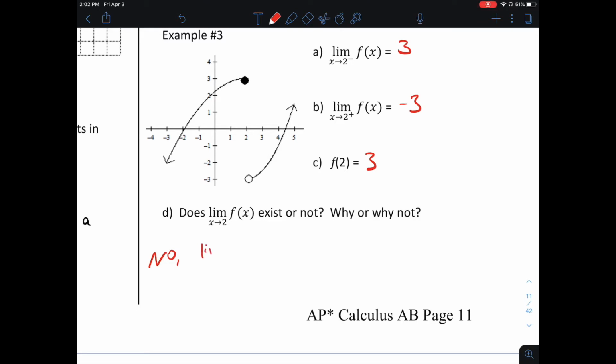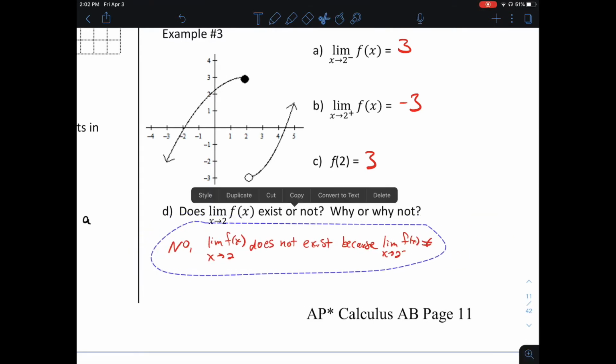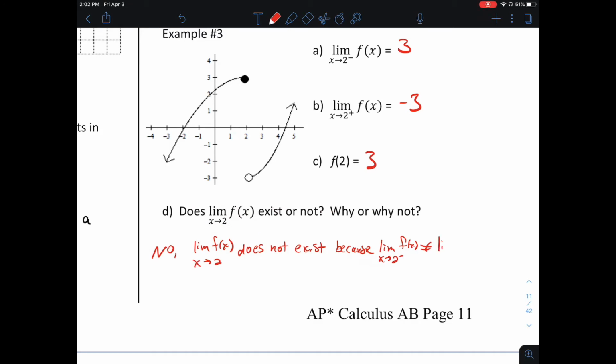The limit of f of x as x approaches 2 does not exist because the limit as x approaches 2 from the left does not equal the limit of f of x as x approaches 2 from the right.